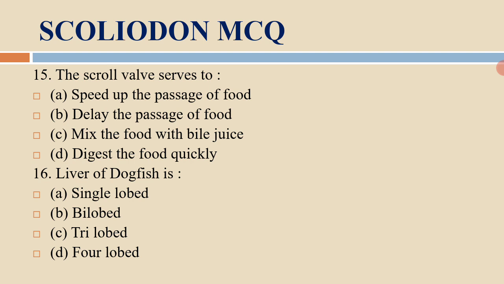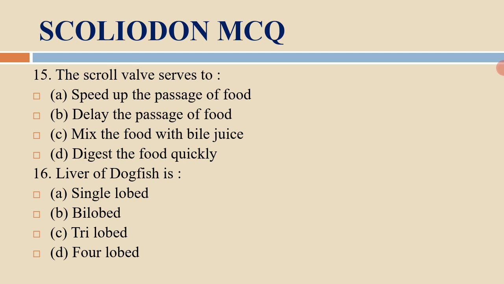So the first MCQ for today's video: the scroll valve serves to. What is the function of the scroll valve, the spiral-like structure present in the alimentary canal of the Scoliodon?